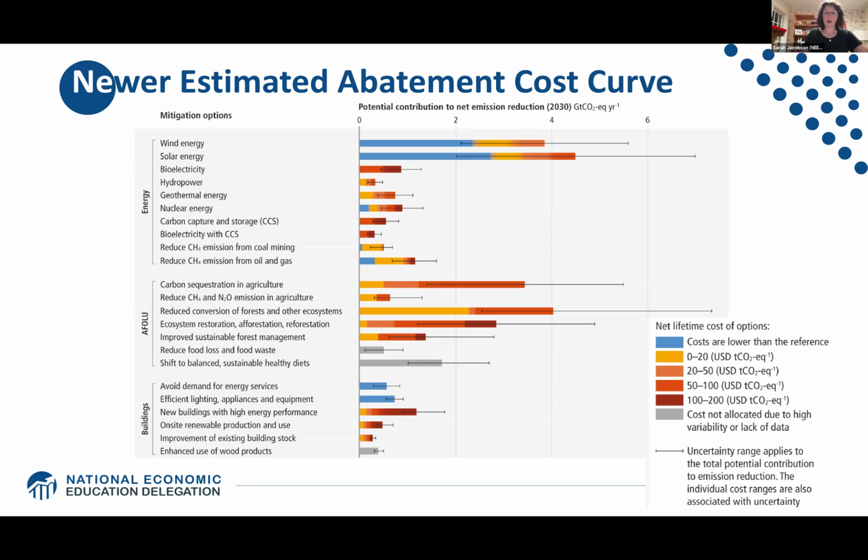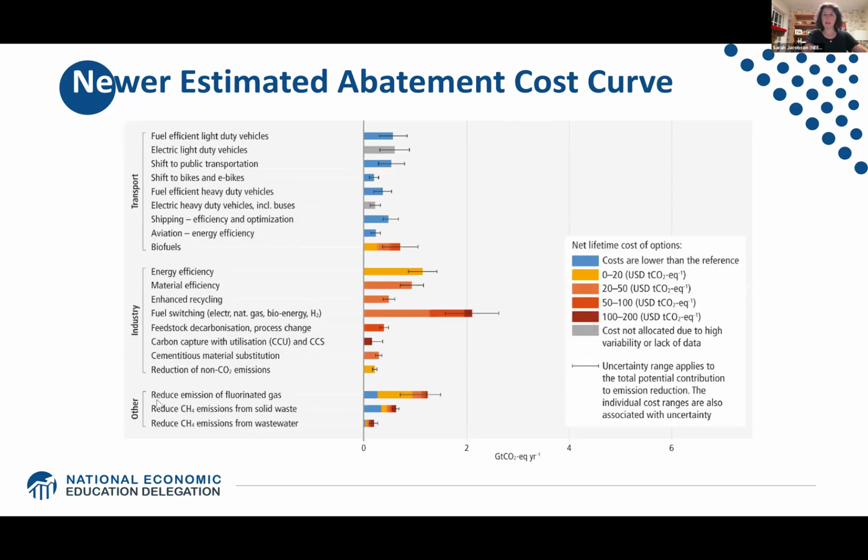Those things are in the money right now, but their scope to further reduce emissions is not estimated to be very high, according to the set of studies that went into this. And then you can see transportation has a lot of opportunities in terms of fuel efficiency, but the scope of them individually is not that high, though it might make sense for us to take advantage of many of them right now. So this is where the science has us on abatement costs right now.